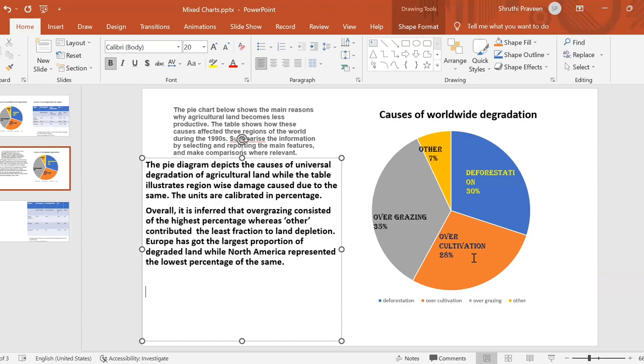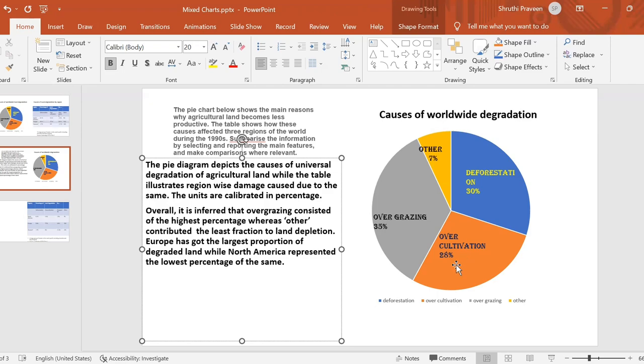Now it is very obvious that overcultivation accounted for 28%. Overgrazing is the single most outstanding reason for degradation. But if you can form a pattern between overcultivation and other, 7 and 28, which means other is 1/4 of overcultivation, because 7 into 4 is 28.